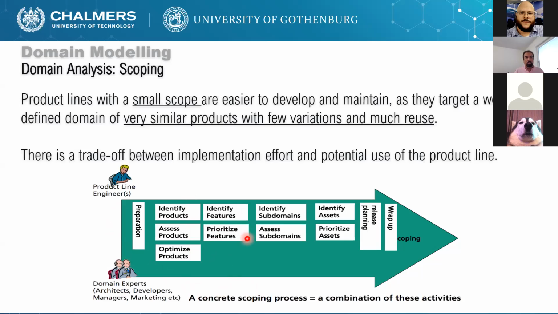As we said, you need to make sure that the most important features are included first. Then there will be subdomains, assessing subdomains, identifying assets, artifacts let's say, and prioritizing the assets. We're not saying that all steps here are used by all companies, but a good flavor of these is being used either within the domain line or the product line production pipeline. Okay.